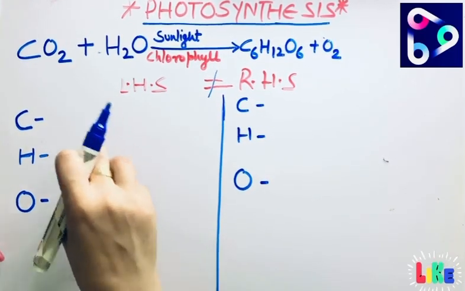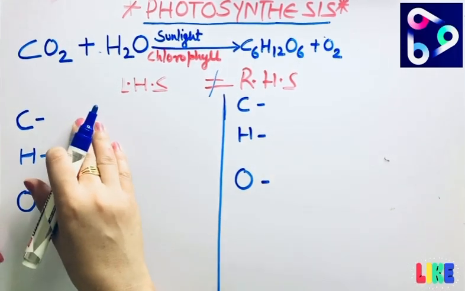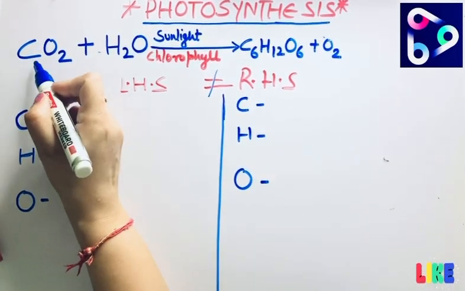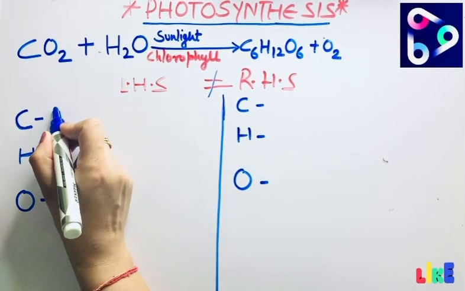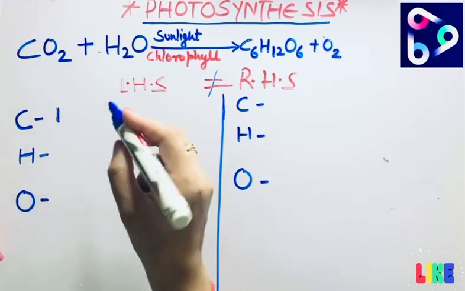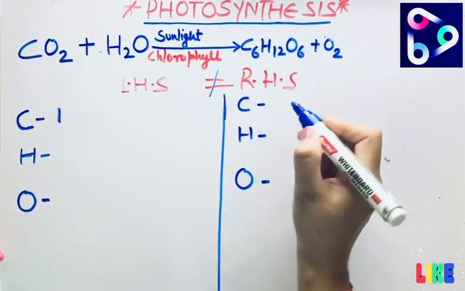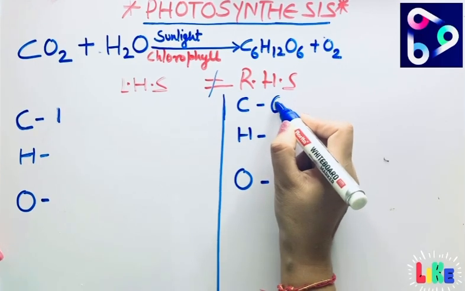Next I have to denote the number of atoms they possess. Here C is only 1, so we write 1. And here I have C6, so we write 6.